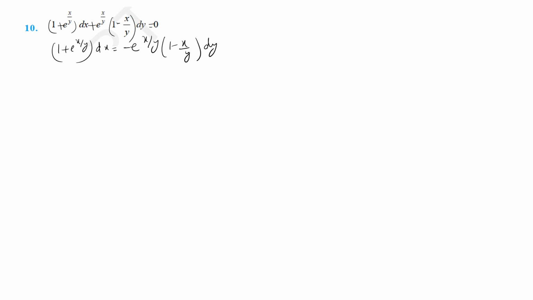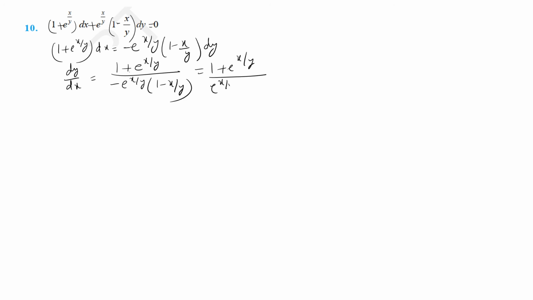If I make dy by dx, it will be 1 plus e raised to power x upon y, and it becomes minus e raised to power x upon y, 1 minus x upon y, which the negative sign you can adjust, with e raised to power this upon e raised to power x upon y, 1 plus, it will become x upon y minus 1, because we are adjusting the negative sign, right?